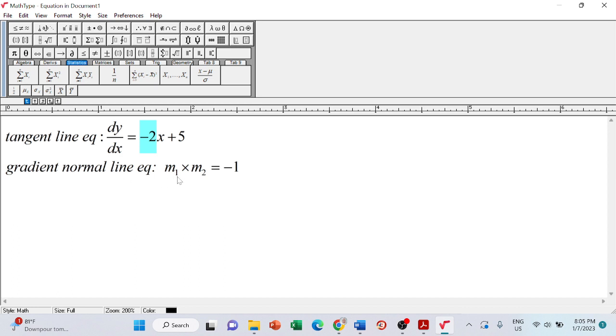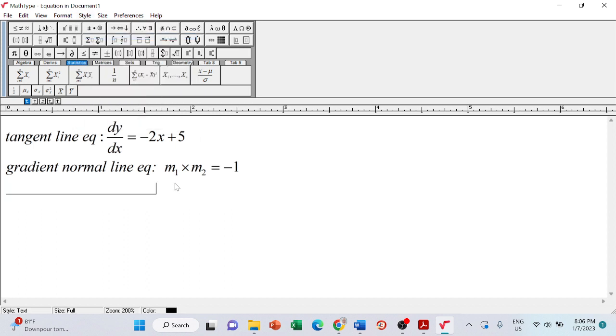Let's say M1 is the gradient for the normal line, multiplied by the gradient of the tangent line, equals negative 1. So if the tangent line equation's gradient is negative 2.